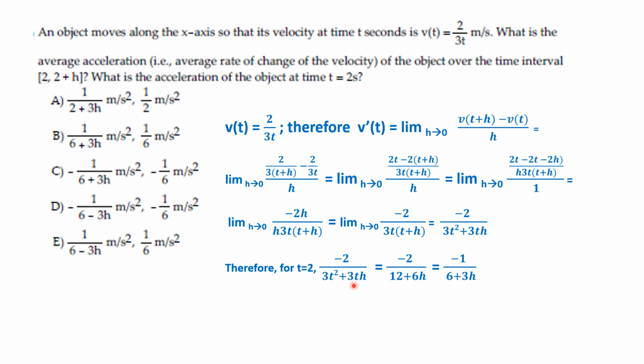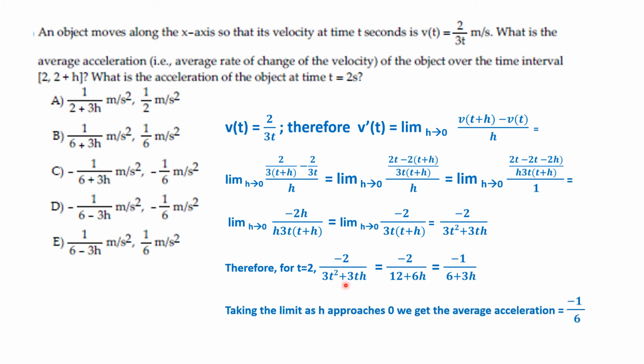And then 3 times t equal to 2 will be 3 times 2, which is equal to 6h. This is plus 6h. Now we could just go ahead and divide by 2 the numerator and the denominator, and that will give us negative 1 divided by 6 plus 3h. That is the first part.